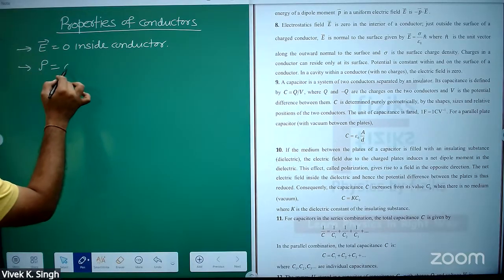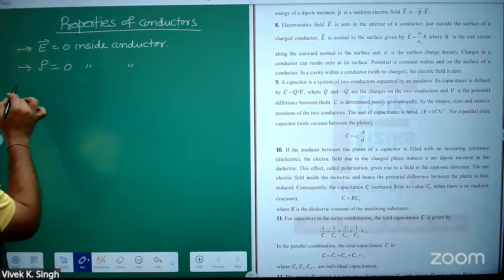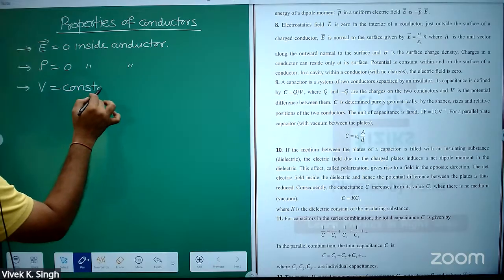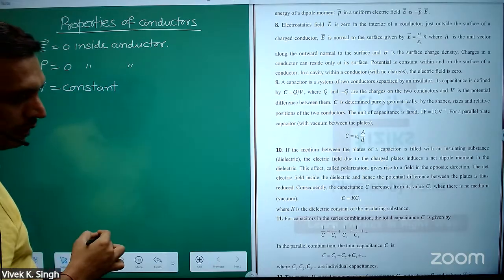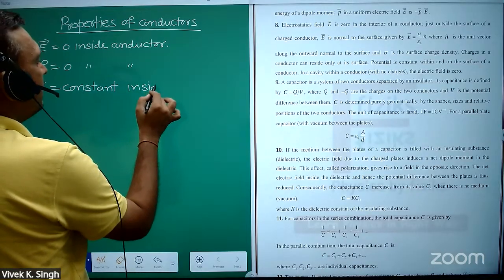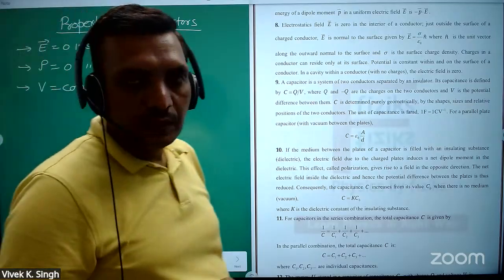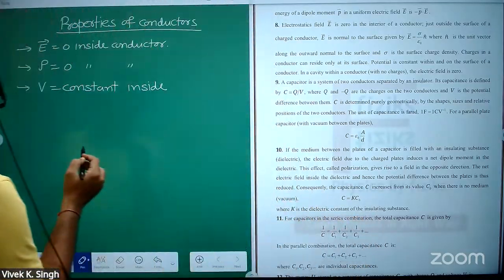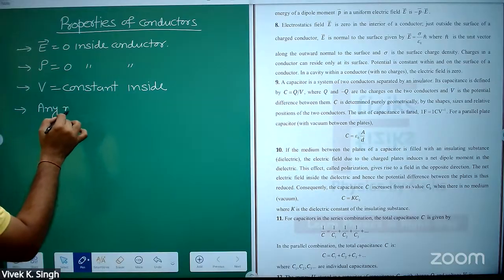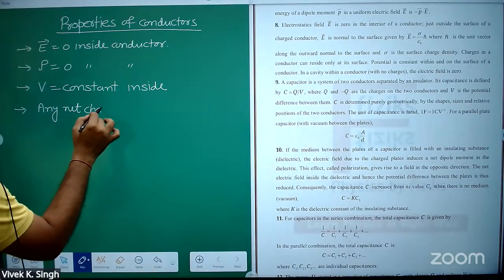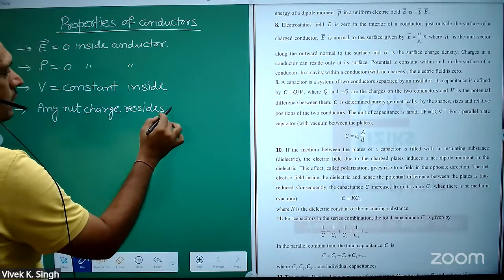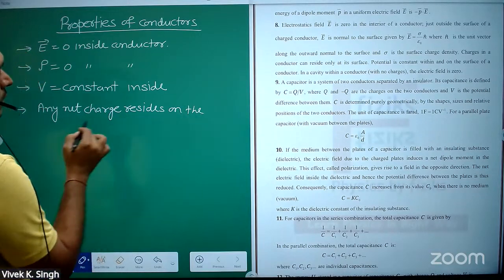Charge density rho is also 0 inside the conductor. Potential is constant inside. Potential remains constant because the electric field is 0. Any net charge resides on the surface only.